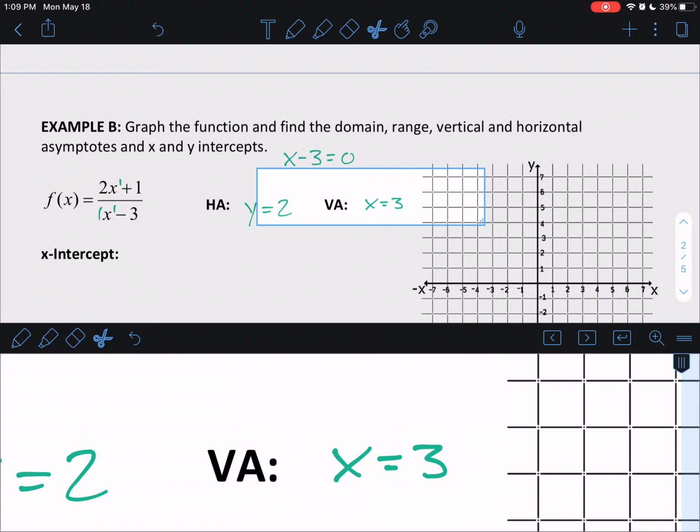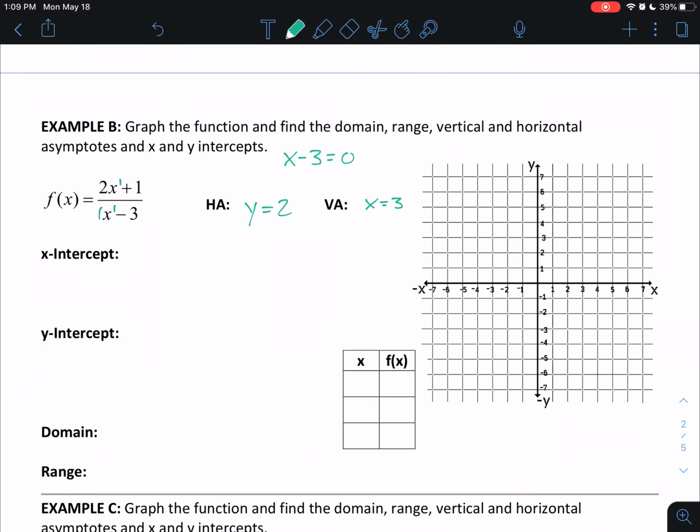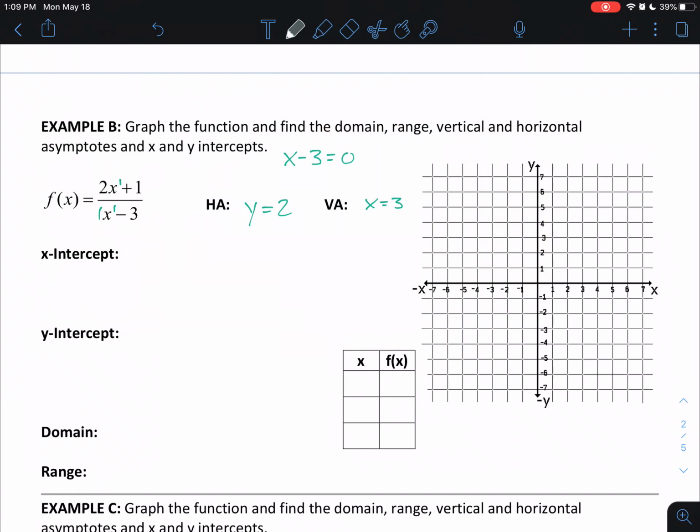And I'm going to go ahead and put those lines on my graph here. I'll choose a different color. So y equals 2, that is going to be right there-ish. And x equals 3, that's going to be here. So there is my graph.